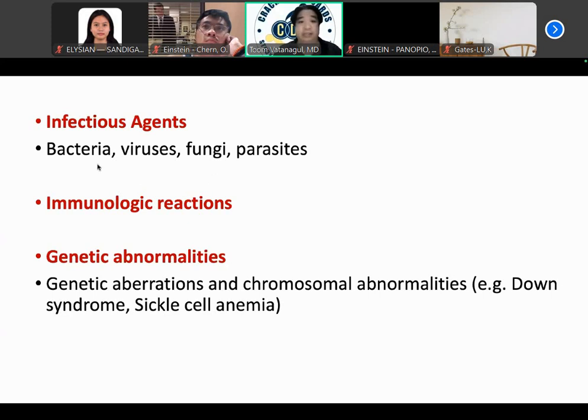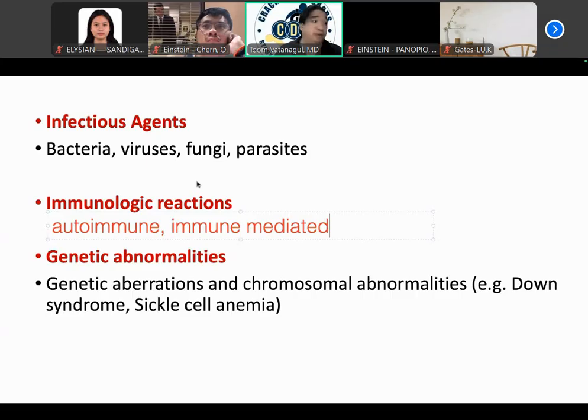So please be reminded of that. Immunologic reactions can be autoimmune, immune mediated, or you can even have an immune deficiency.